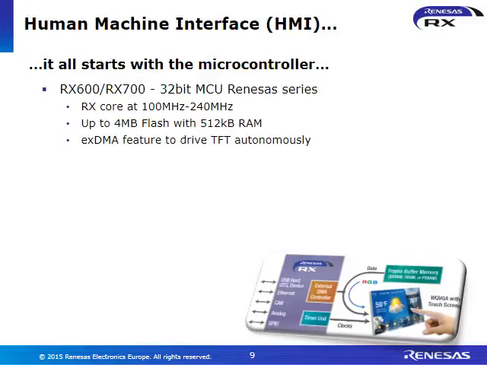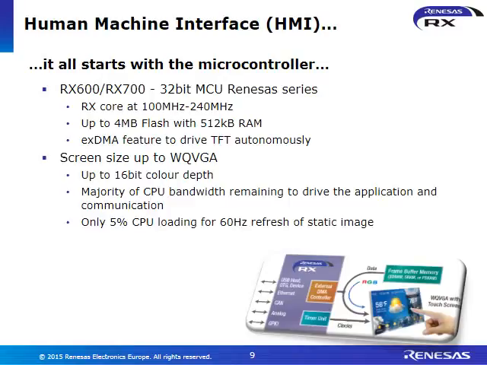These RX devices offer you 100 to 240 MHz CPU performance, and come with memory sizes of 4 MB flash with 512 KB RAM embedded. So these controllers are an ideal fit for driving screen sizes up to wide QVGA with a 16-bit color depth, and doing so the CPU itself is loaded by only 5% doing the refreshing of static images.